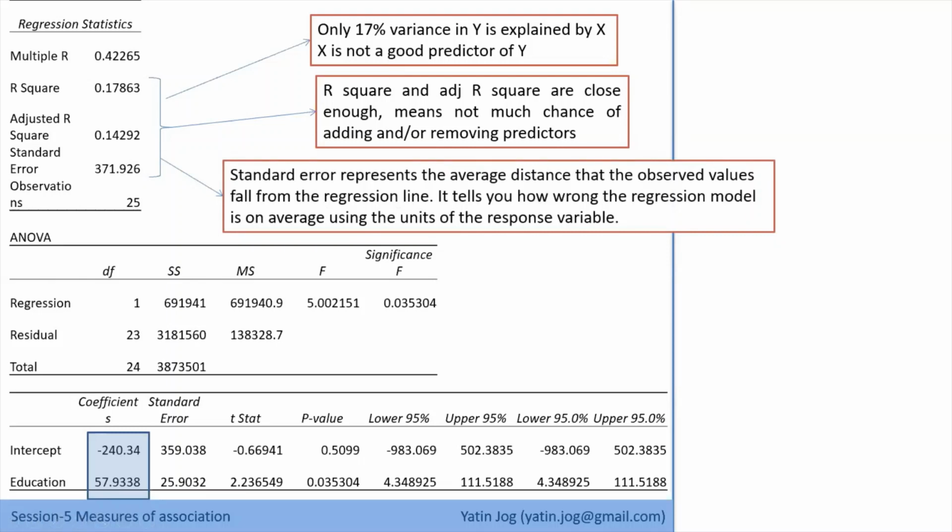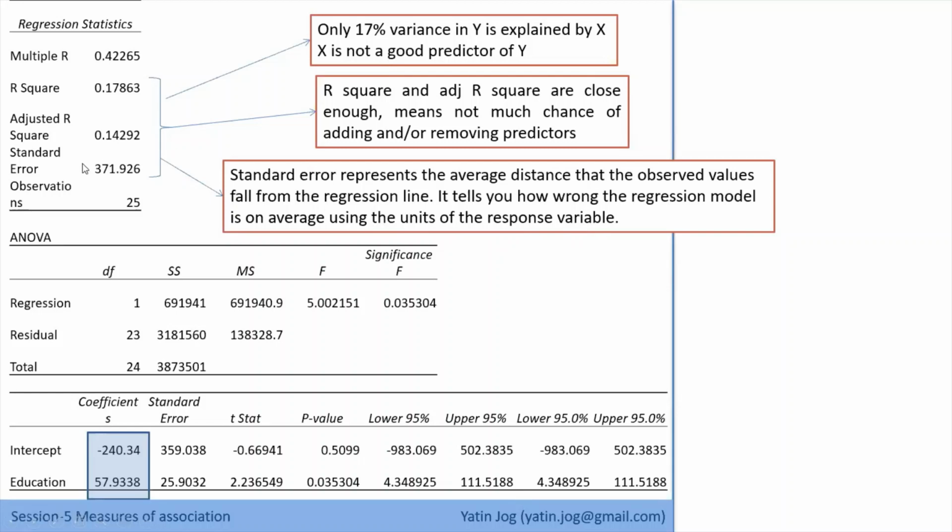When I say R square is only 0.17, the confidence I have in my model is only 17%. The accuracy of my model is very low, because the standard error is huge. 371 is a huge value. Standard error represents the average distance that the observed values fall from the regression line. It tells you how wrong the regression model is on average, using the units of the response variable.